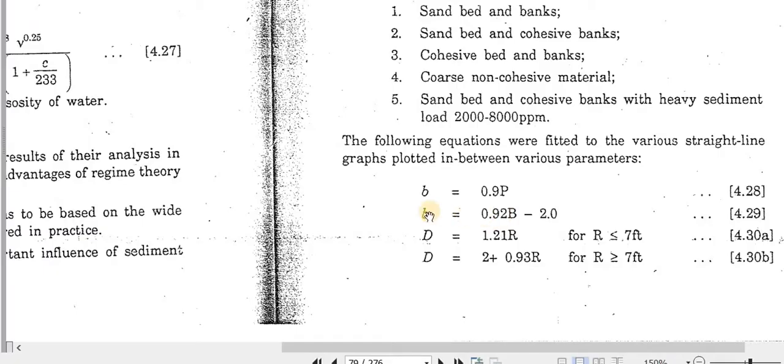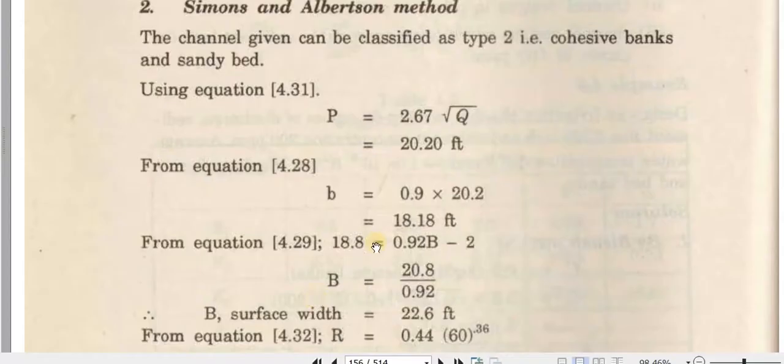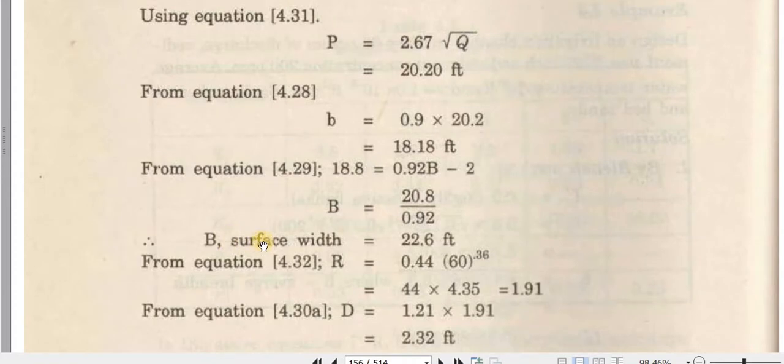From this equation we will put small b and we will calculate capital B, and B comma surface width, that is equal to 22.6 feet, that is the surface width, not bottom width.